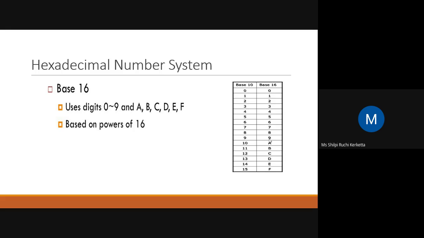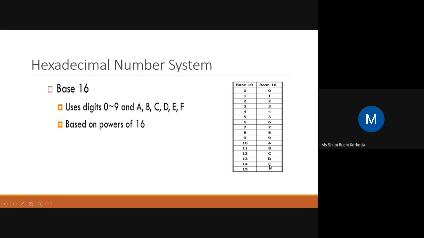That's why after 9 we take A, B, C, D, E, F. We want to avoid using two-digit decimal numbers, so after 9 we start with A, B, C, D, E, F.